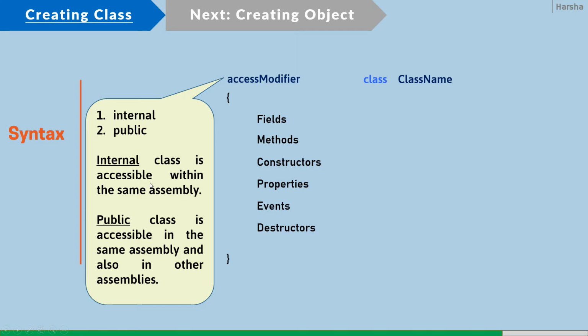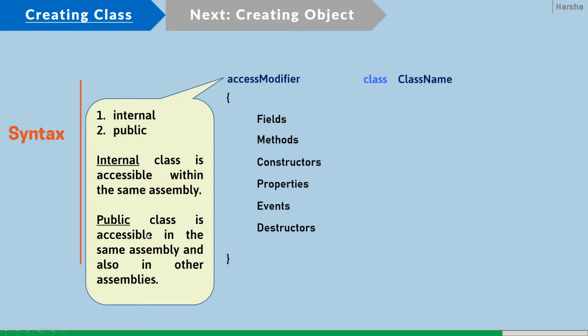So you have created a class called customer, for example, and if it is an internal class, you should write internal class customer. Then that customer class is accessible within the same console application project, but not accessible in other console application or other type of project.